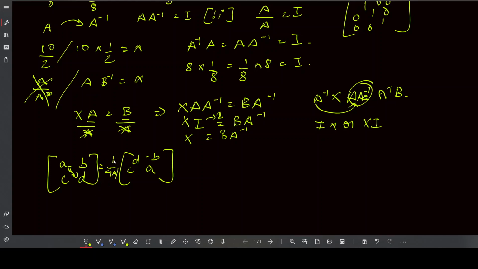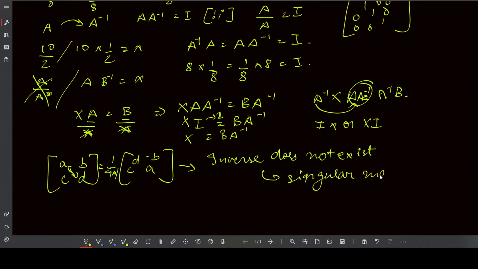Now, if the determinant is 0, then the inverse of this matrix will not exist. And if the inverse of a matrix does not exist, then the matrix is called a singular matrix. Singular matrix. Okay, this is important.